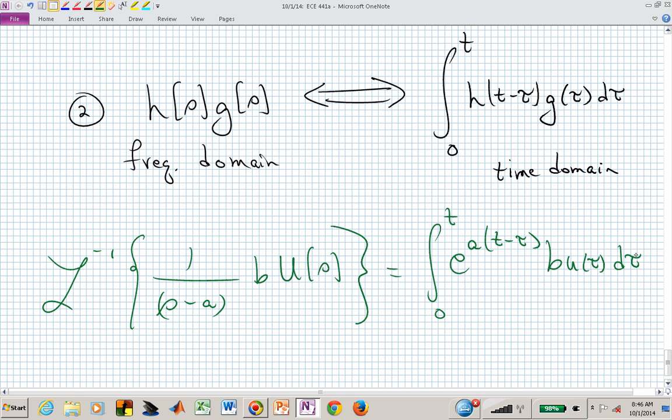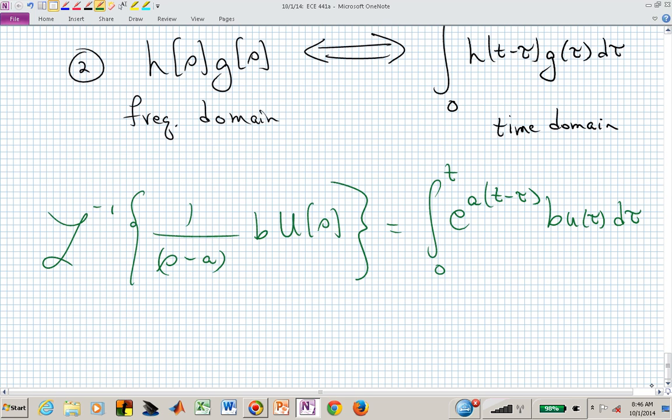This is now our convolution integral, and we need it to have the dummy variable of integration. This is now the convolution integral that allows us to keep track of how the input gets processed through our system.